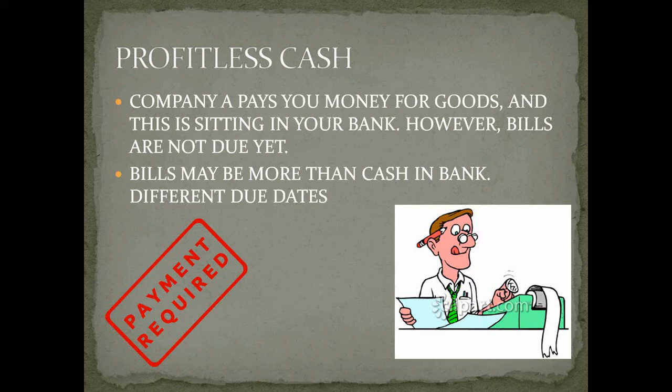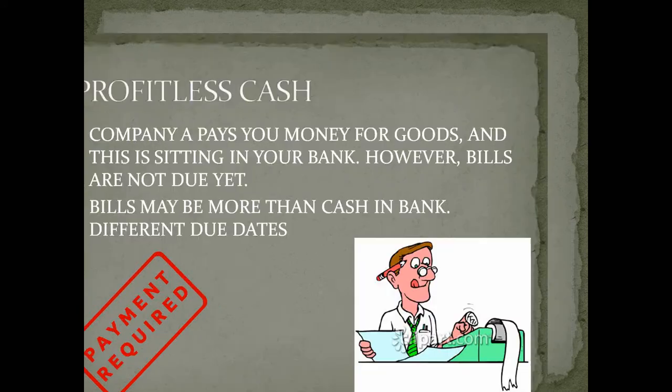However, you have bills that are not yet paid. Maybe they have different due dates. You've gone and bought so much on credit and they are just not due yet. So you have a situation where you're looking at your bank account and there's cash, but when you look at your financial statement, actually your business is operating at a loss.